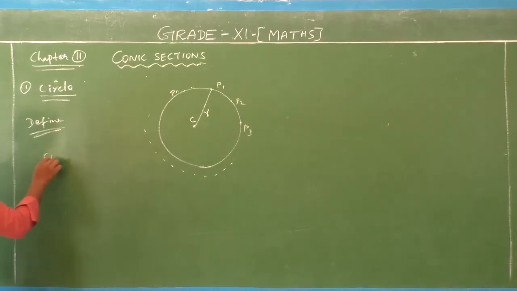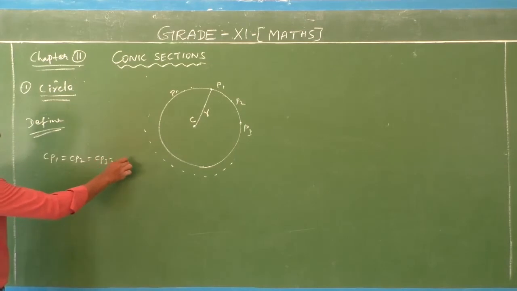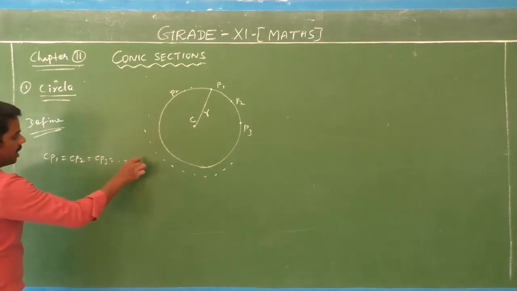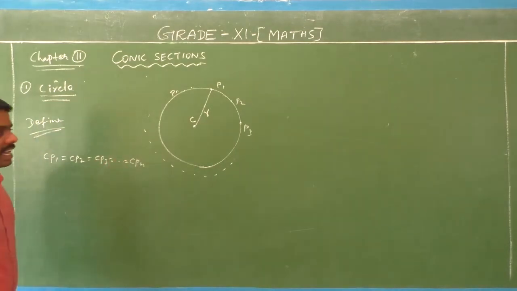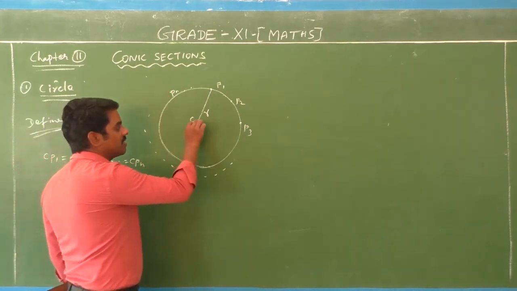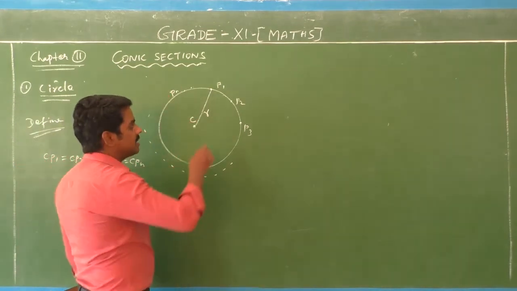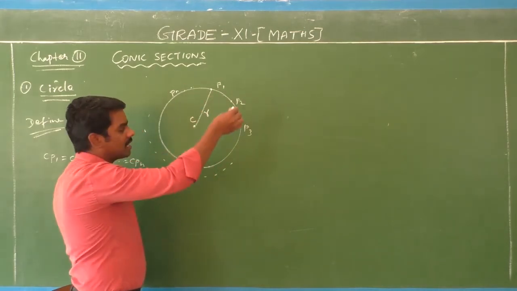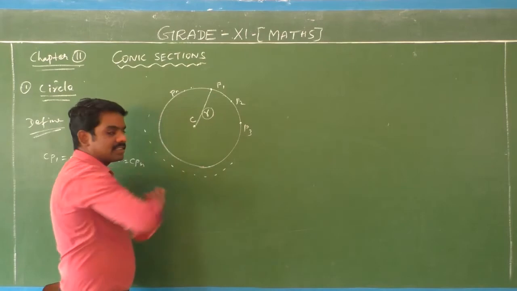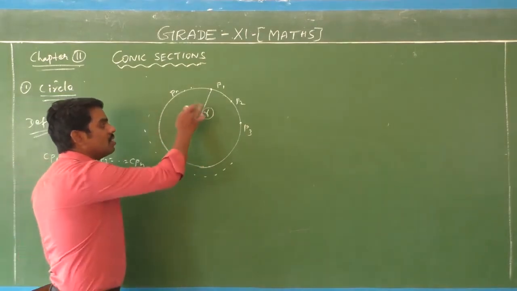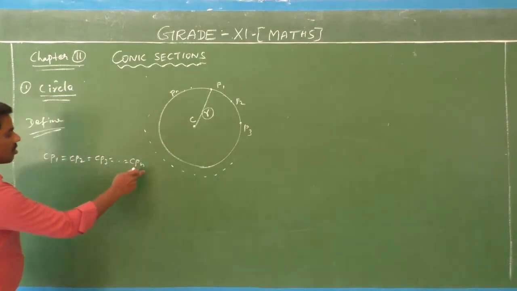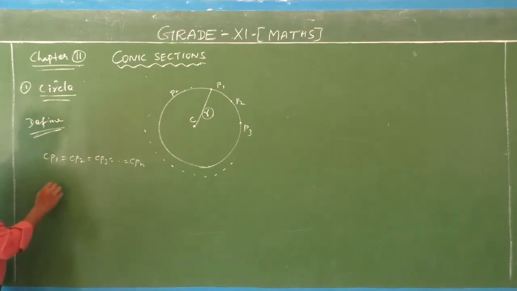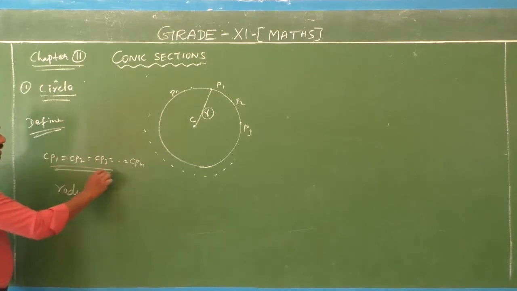So CP1 equals CP2 equals CP3 and so on, equals CPn. Take any point on the circle and the fixed point C. The distance between these two points is equal to the radius. This is a constant distance, and this constant distance is called the radius.